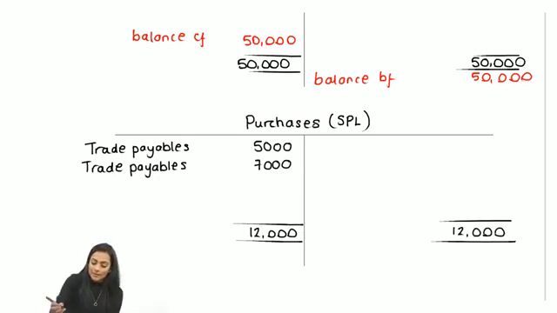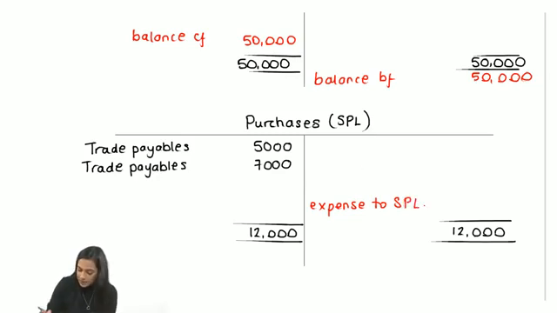So your balancing figure is simply going to be called expense to SPL, 12,000. And that's it. We've closed the account, and tomorrow we're going to start counting from 0 again. Let's carry on.